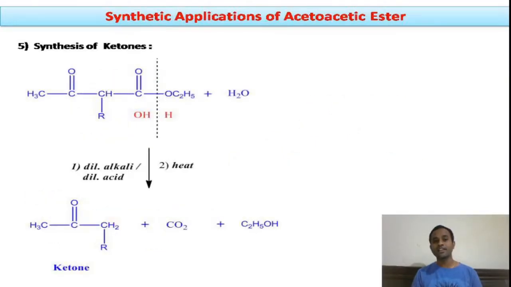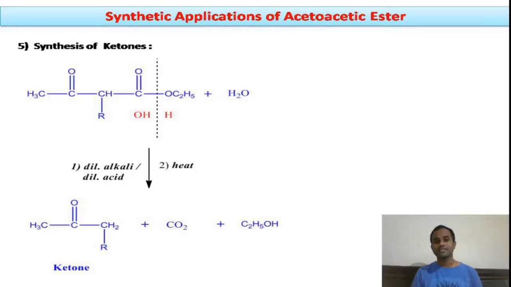Whereas to get the keto as the main product, to synthesize the ketones, we have to perform the ketonic hydrolysis. When we perform the ketonic hydrolysis on these monoalkyl acetoacetic ester compounds, we will get keto as the main product.